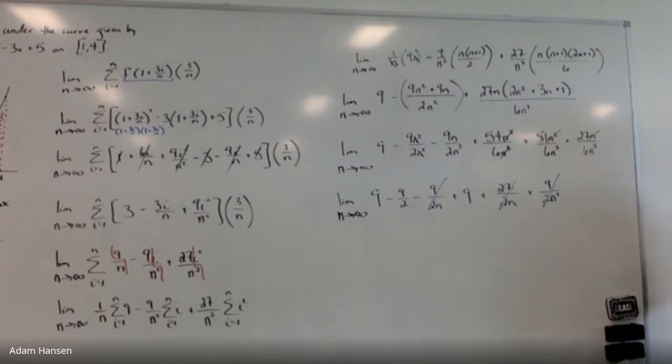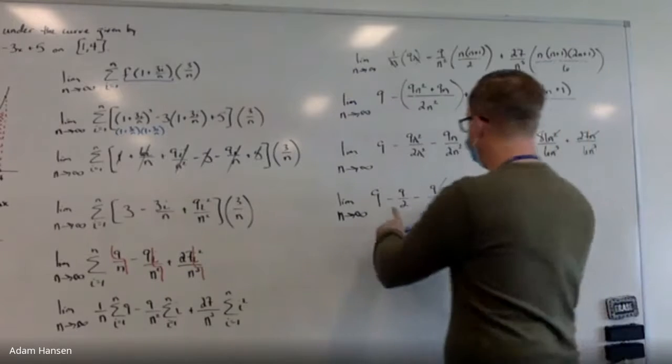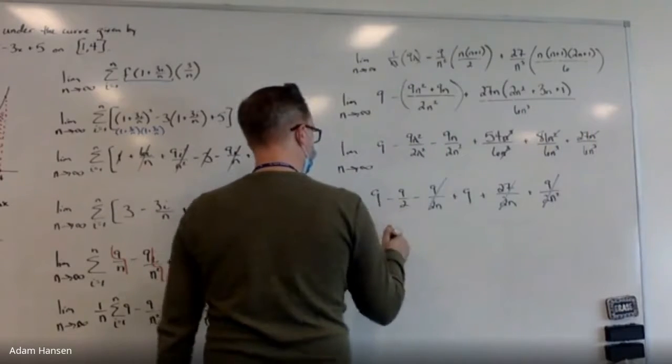All that's left is 9 and 9 to make 18, minus 9/2.